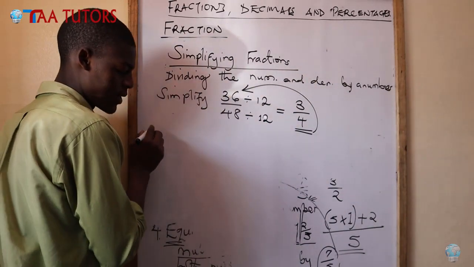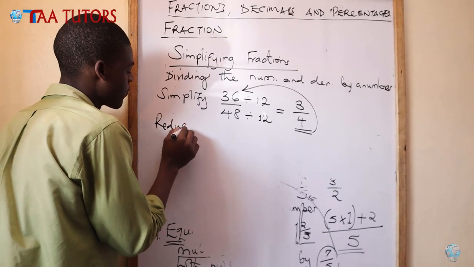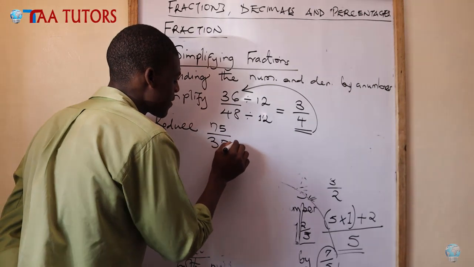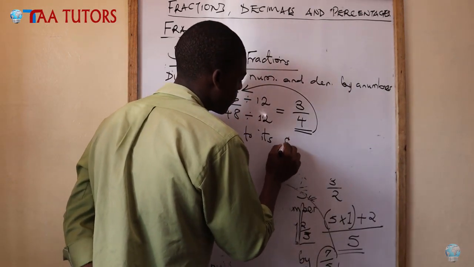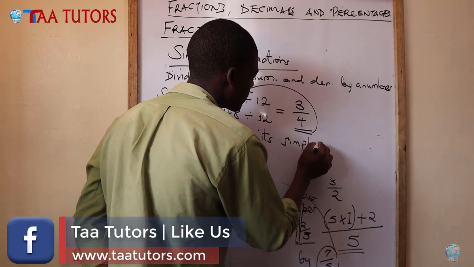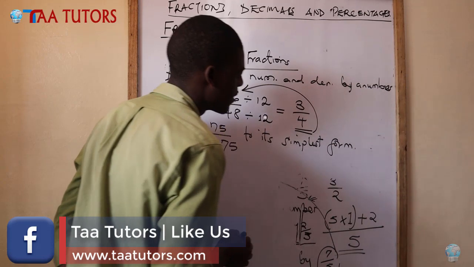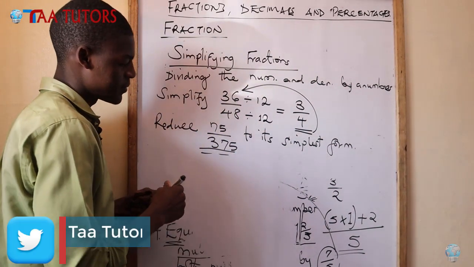Another example: reduce 75 over 375 to its simplest form. Believe me, this simplest form must be a number that is smaller than whatever we are given here.